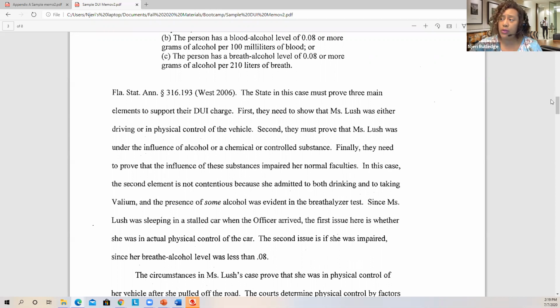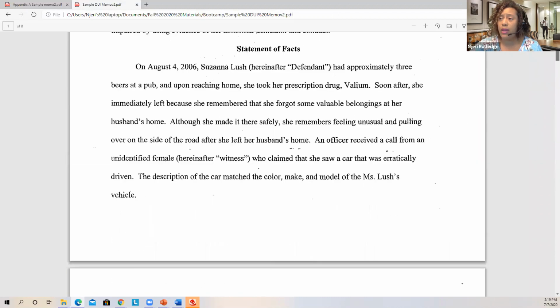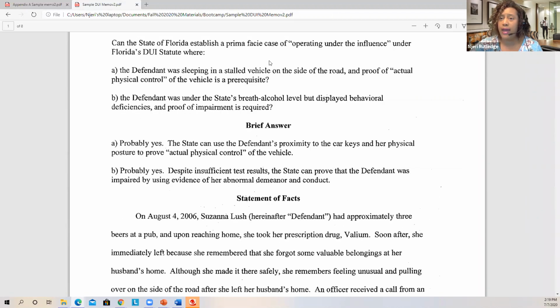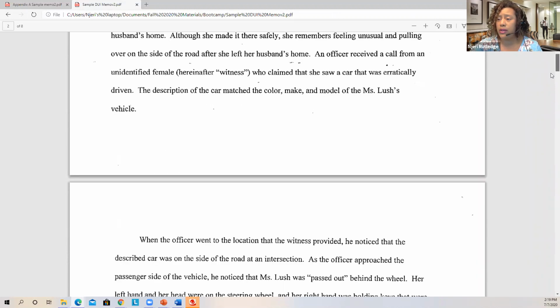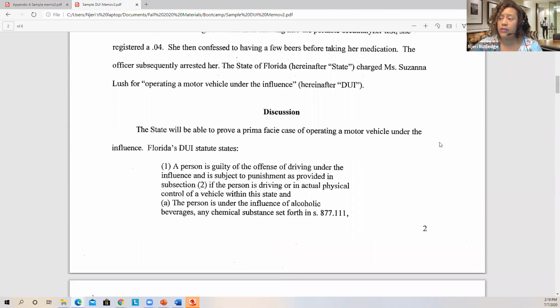I'm going to give you some additional instructions later on our Canvas website, but I would like you guys to annotate this sample memo in a similar way that Appendix A is annotated. In other words, once you get to the discussion section, what parts of CREAC should be highlighted in this section?